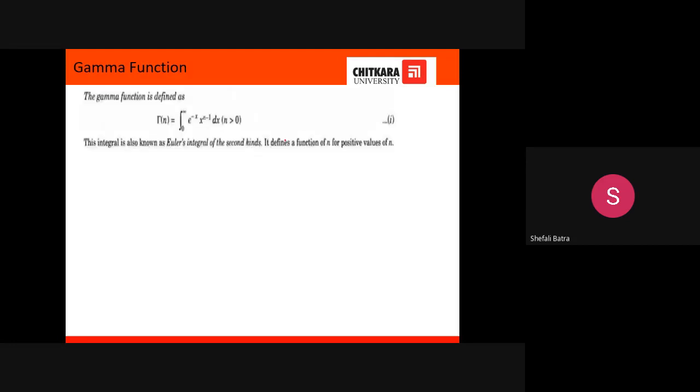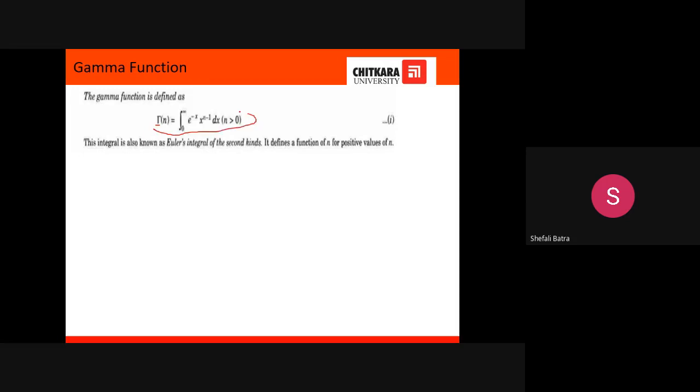First is the gamma function. Gamma function is represented by this symbol gamma, known as gamma n, that is equal to integral 0 to infinity e raised to power minus x, x raised to power n minus 1 into dx, for n greater than 0.